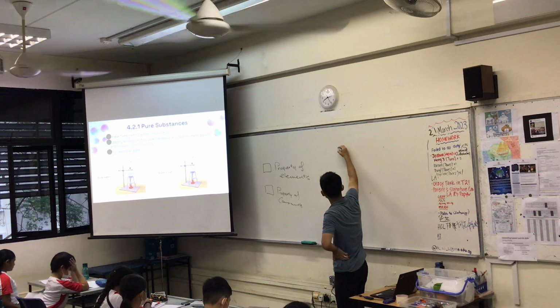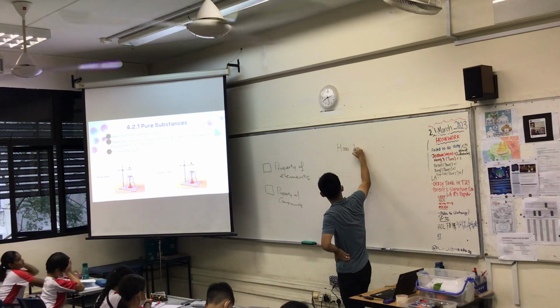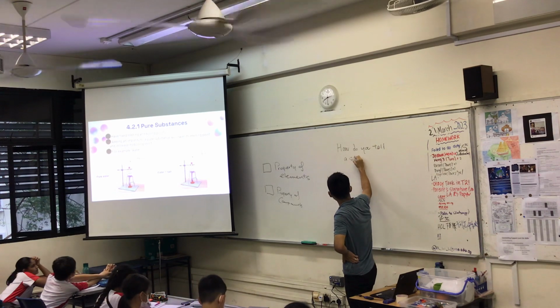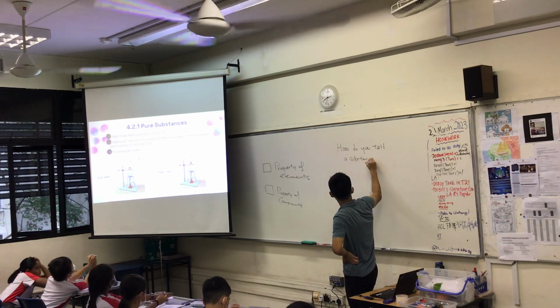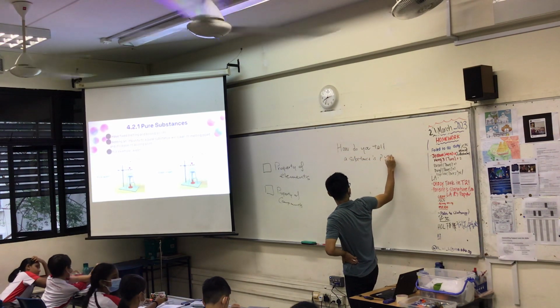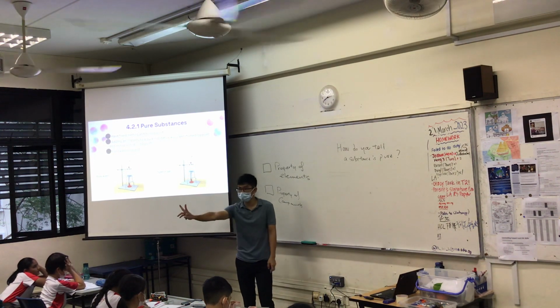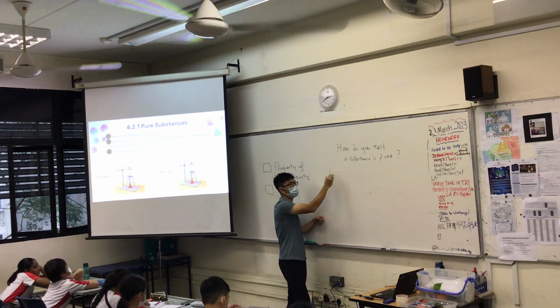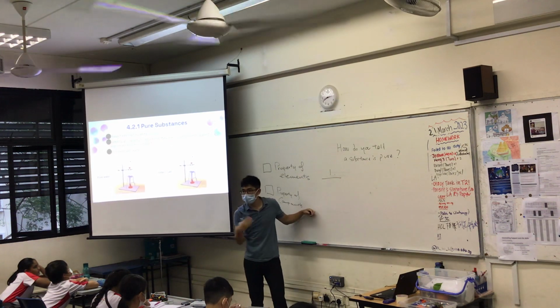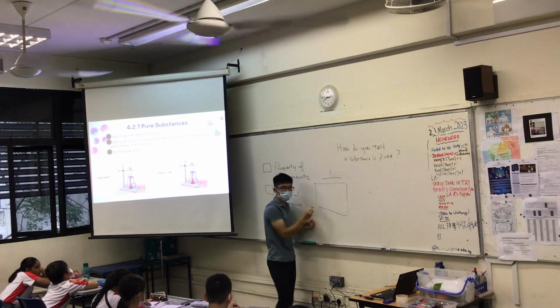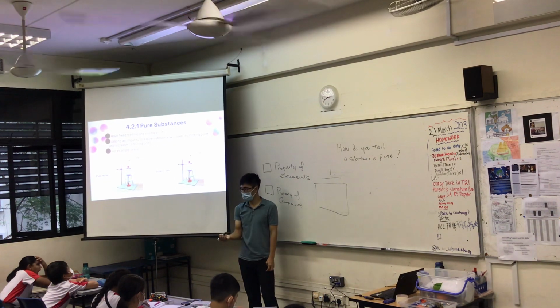Okay, this is important. How do you tell if a substance is pure? There are two ways to tell. The first way is what you've already been doing. If I provide you a diagram, can you tell if something is pure or not?